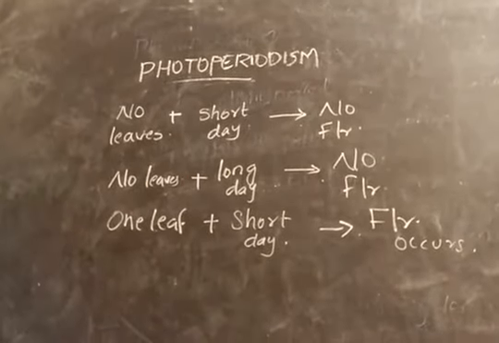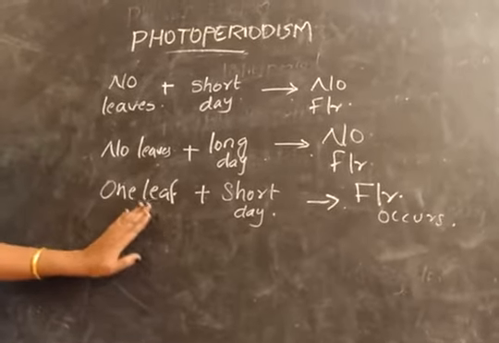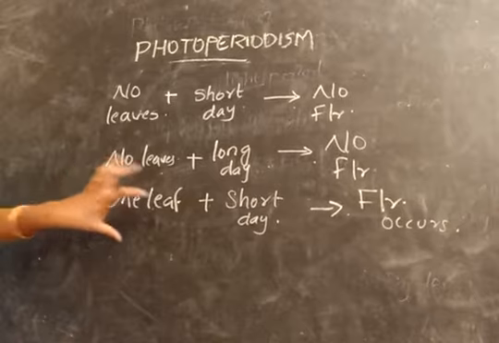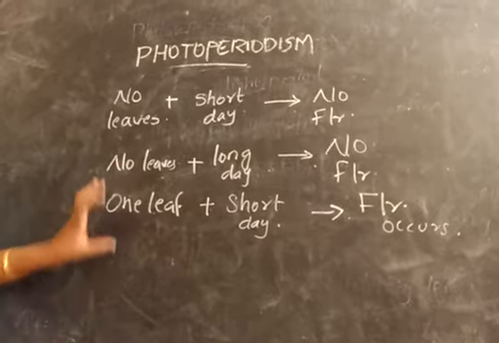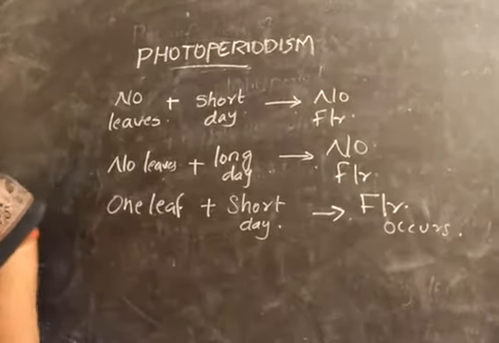Again, they kept one leaf and gave short day condition only to that one leaf, while the rest of the leaves of the plant were given long day condition. Again, flowering occurs.